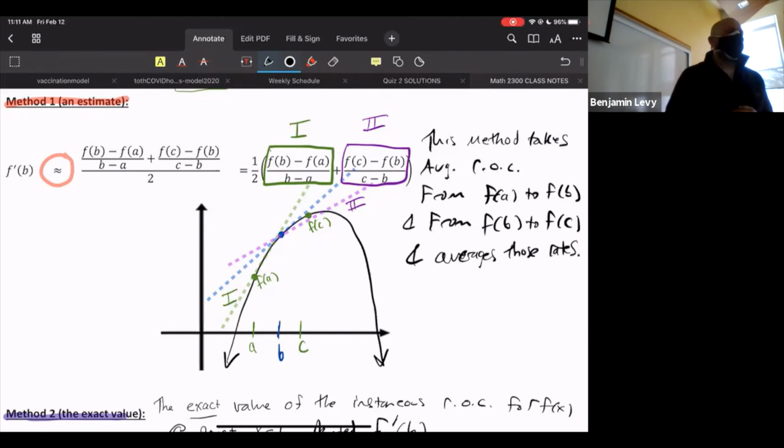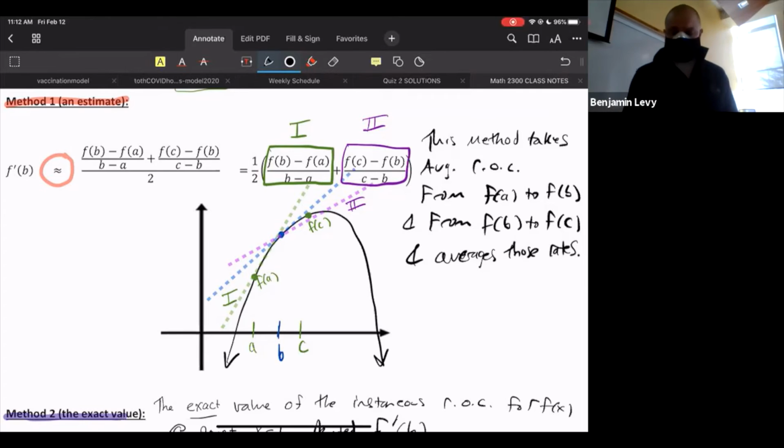So again, it's just an approximation. This is an idea of if we didn't know anything about limits and we didn't know the techniques we've been learning about, we could just approximate these things just by using average rate.